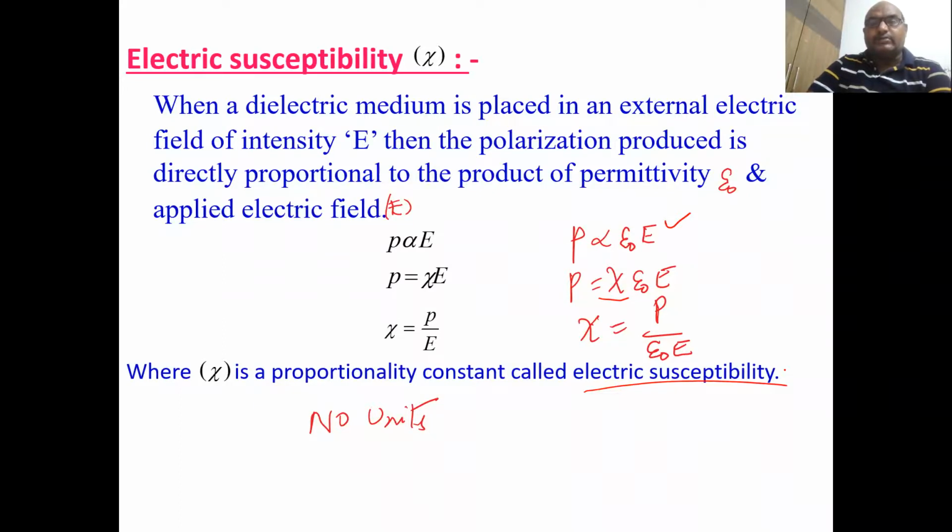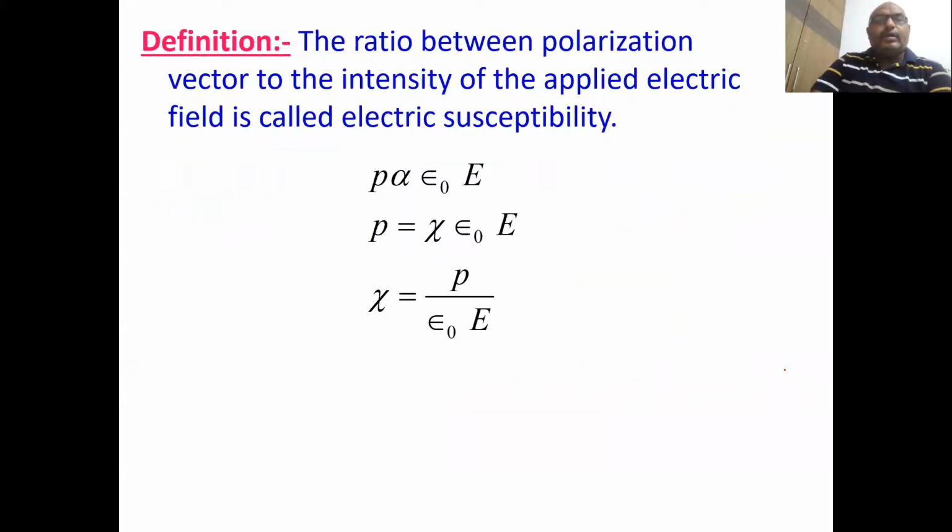P is directly proportional to epsilon naught into E. By the definition of susceptibility, the ratio of the polarization vector to the intensity of the applied electric field is called the electrical susceptibility.